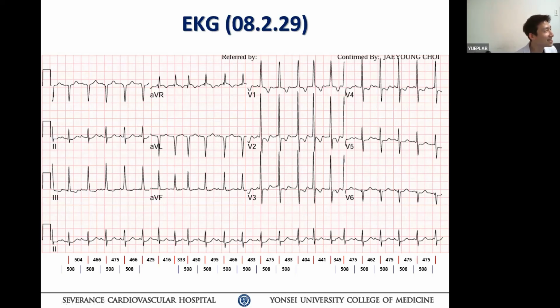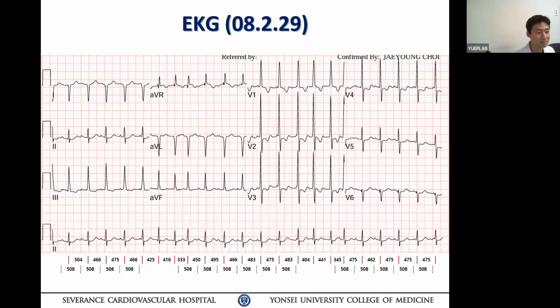Okay, Dr. Zhang kindly measured all intervals. Red color is QRS, right? Yeah, that's right, and the blue is P wave. The PP interval looks regular, quite regular, right?